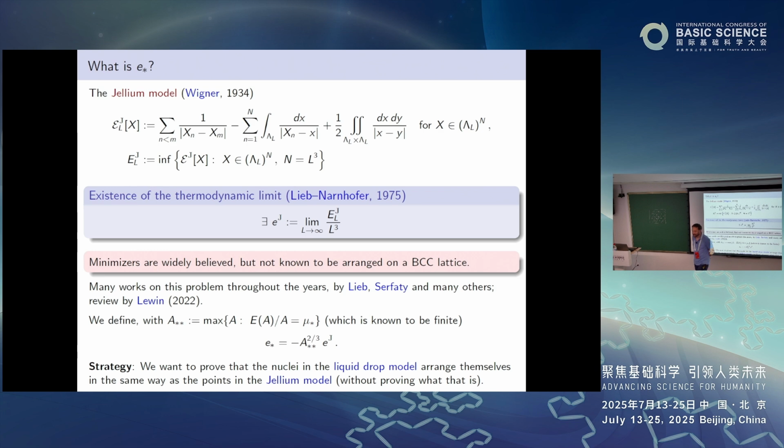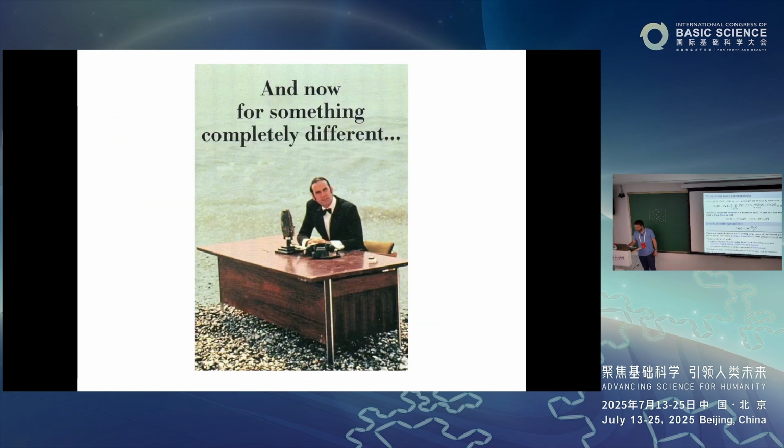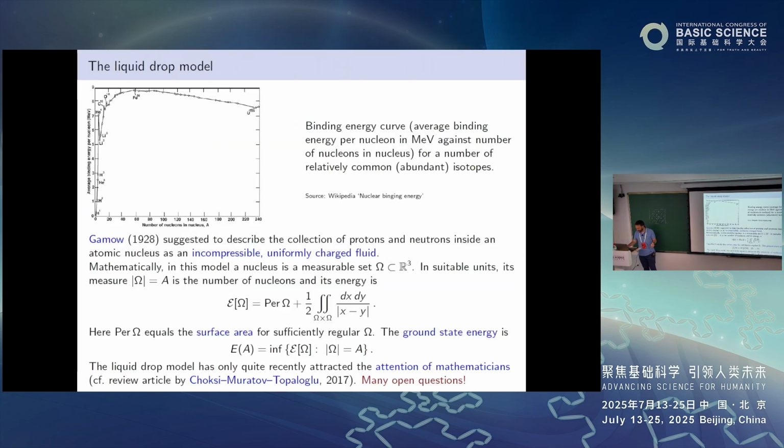Yes. Do we know any local minimum instead of global minimum of that you have mentioned? Okay, very, very good question. I was thinking for a long time about how to do this talk. This concerns the ground state.